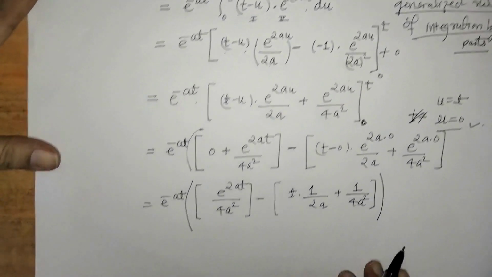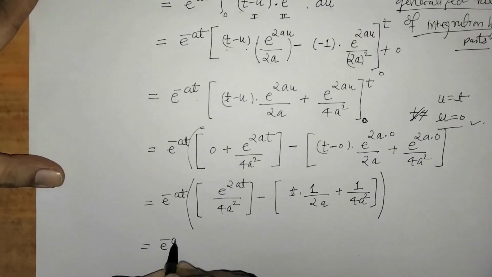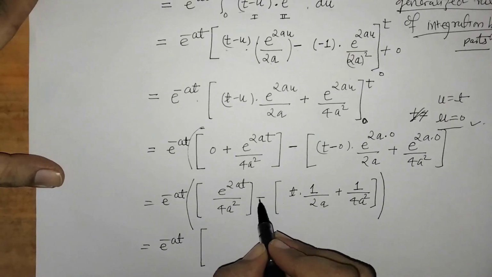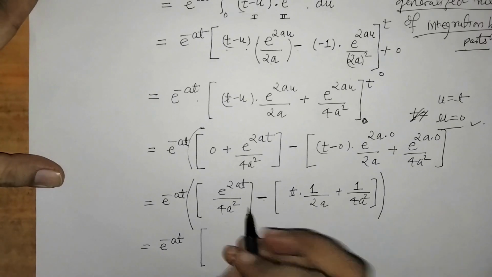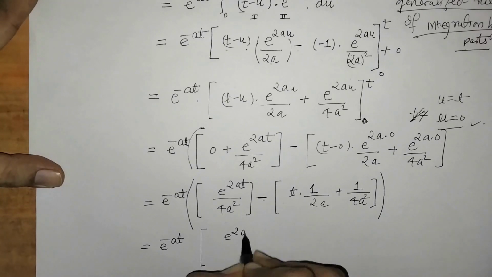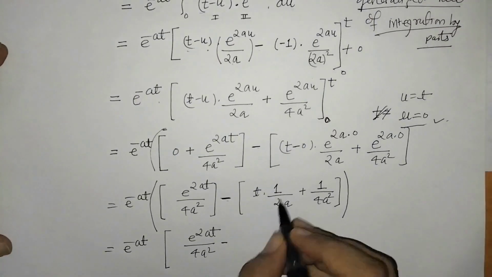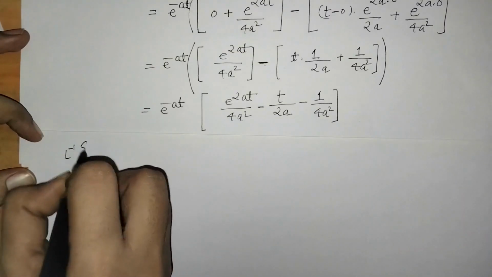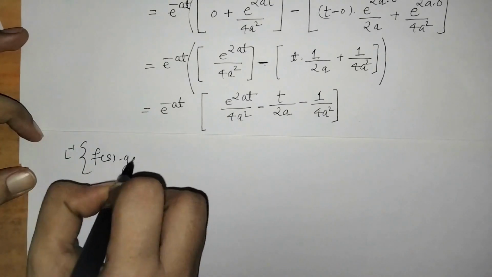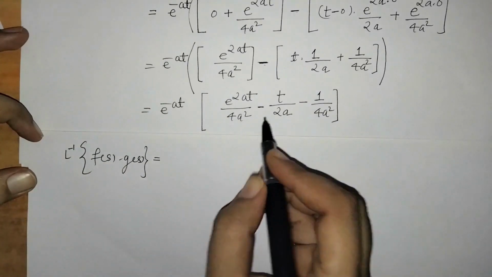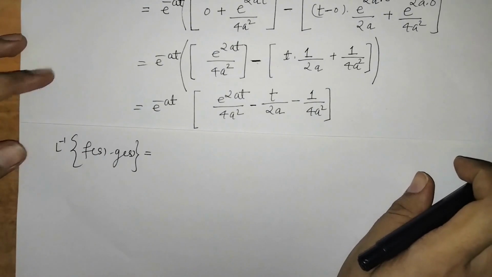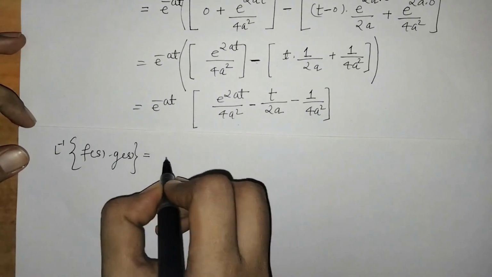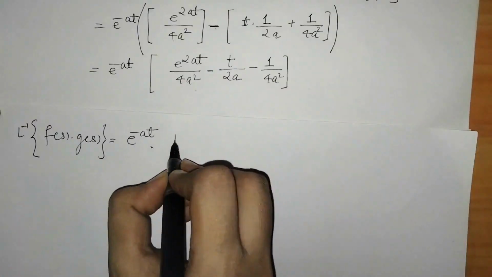Now we have put down the limit. Again we have to do the simplification. Now this minus gets inside. Here we have to find L inverse of f of s into g of s. So here we can do the simplification. We can take 1 upon 4a square outside.